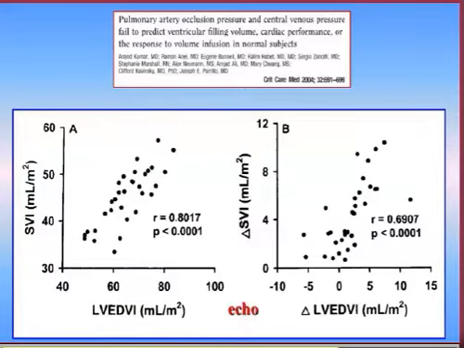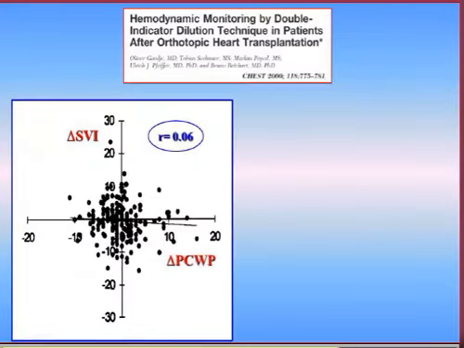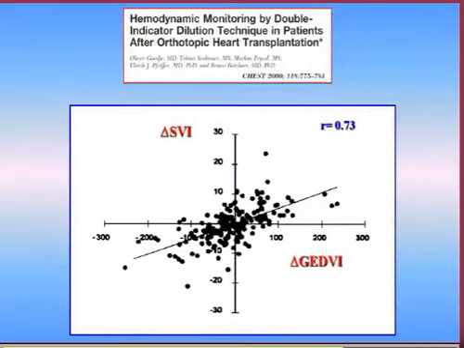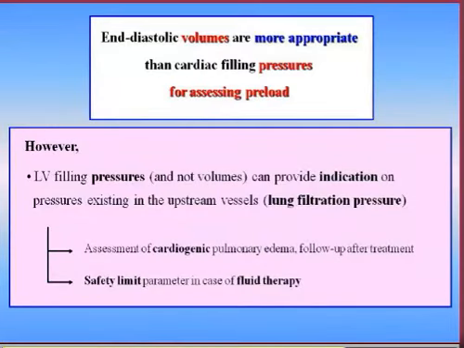And in this other study, Goodyear and co-workers also did not find correlation between delta stroke volume index and delta wedge pressure, and no correlation between delta CVP and delta stroke volume index, but a nice correlation between delta global end-diastolic volume index and stroke volume index. So end-diastolic volumes seem to be more appropriate than cardiac filling pressure for assessing preload.